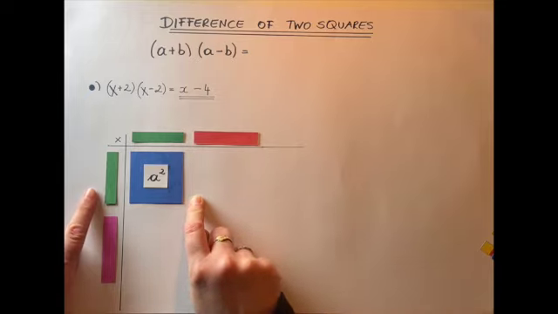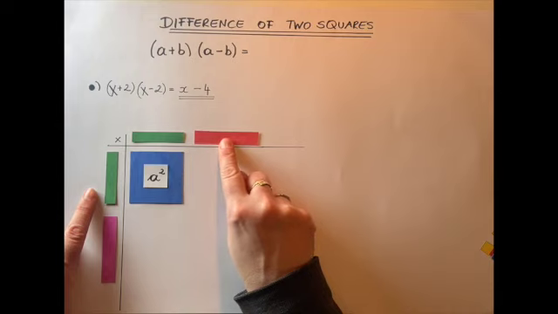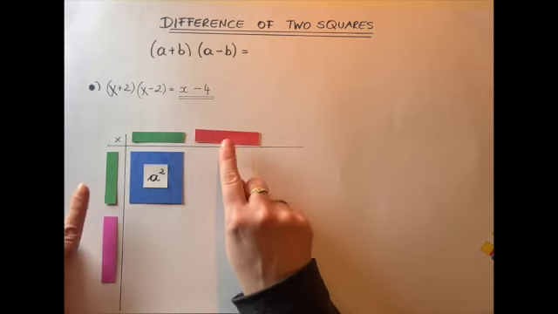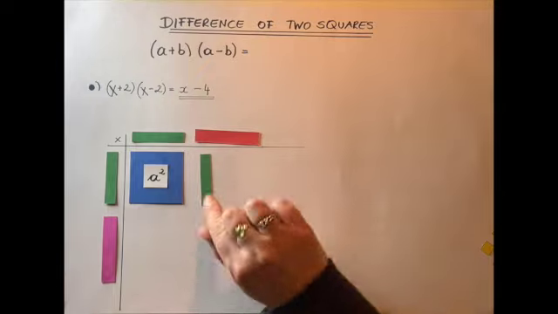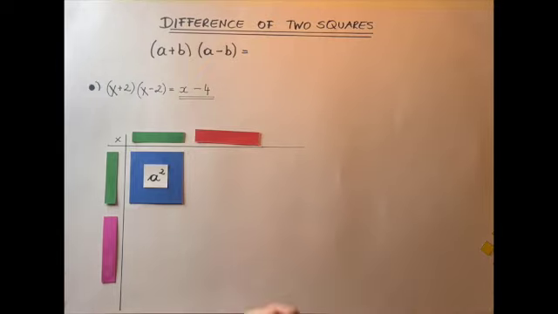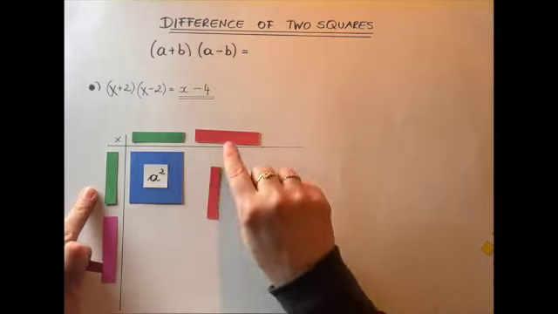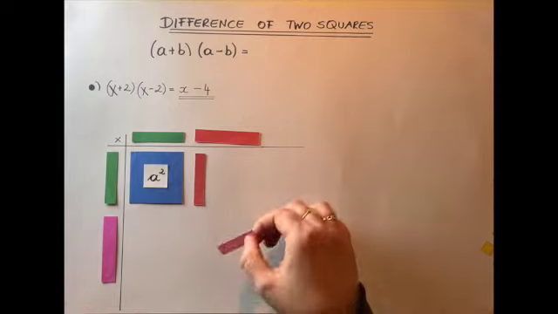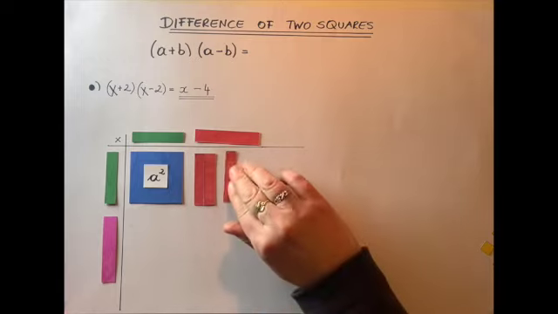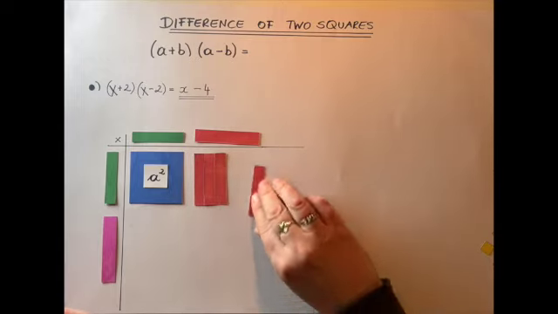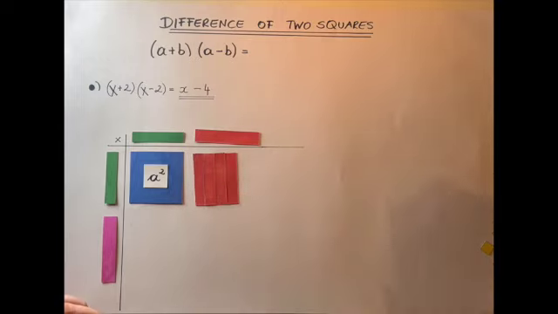Now, however, this will be negative. So I am going to use those green tiles and just flip them over, because positive times negative gives us negative.